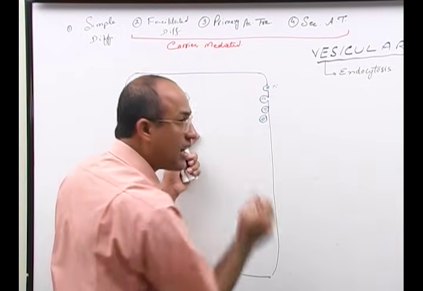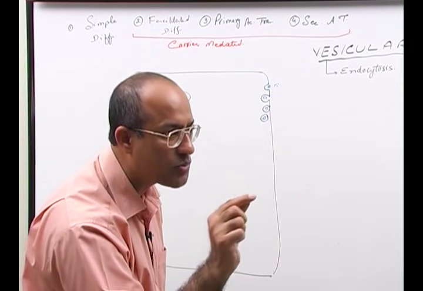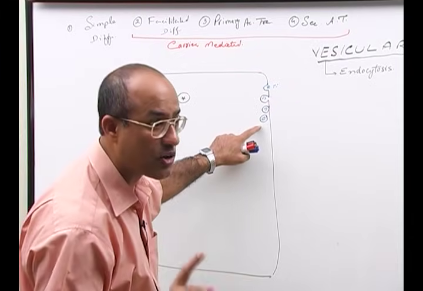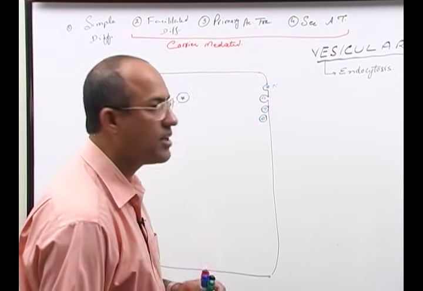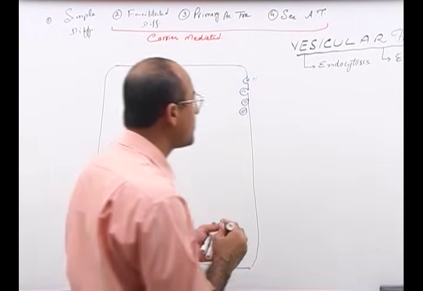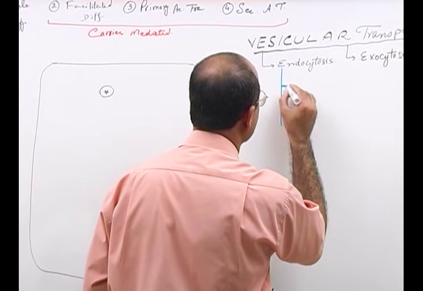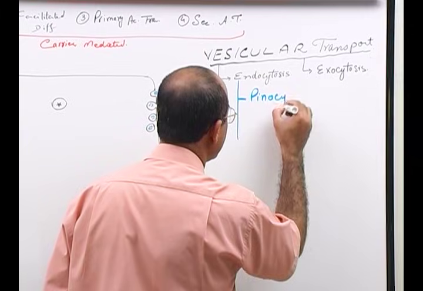In that extracellular solution there may be some proteins present in a dissolved state, but there is no well defined particulate matter. This type of endocytosis is called pinocytosis.